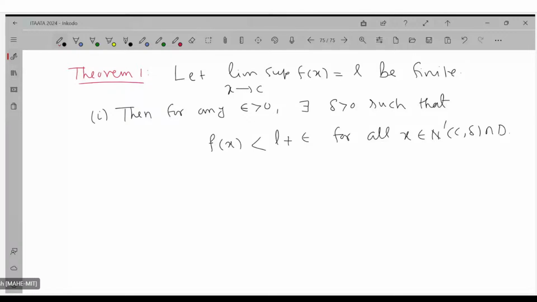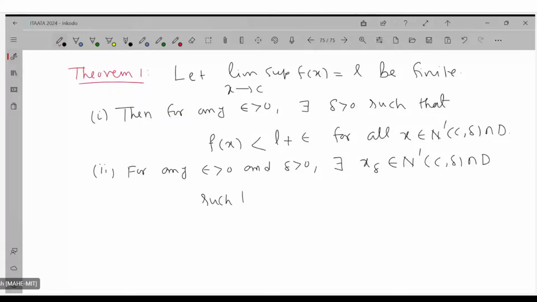And the second condition is that for any epsilon greater than 0 and delta greater than 0, there exists x delta belonging to N dash c delta intersection D such that f(x delta) is greater than L minus epsilon.